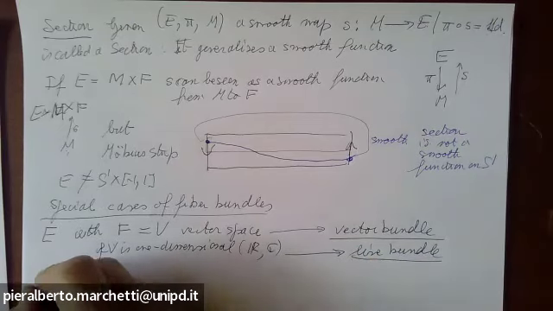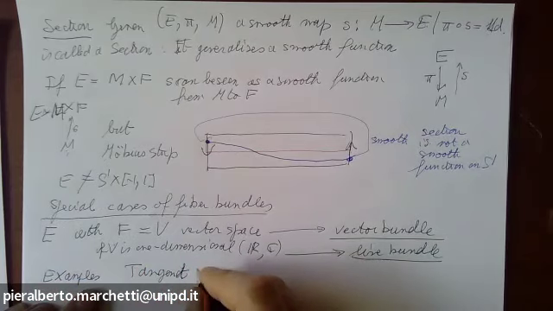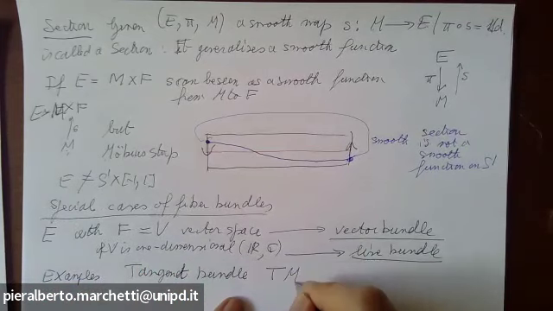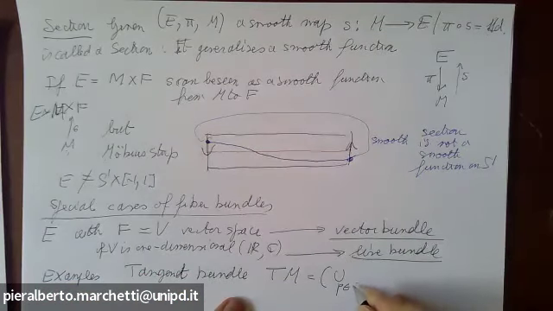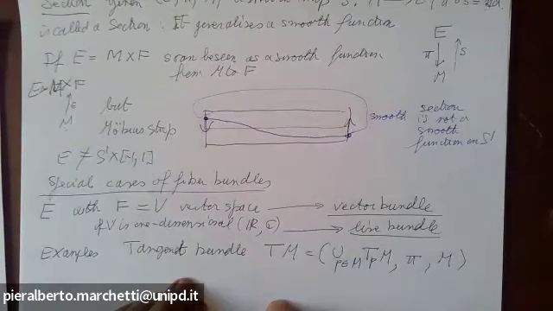Let me give an example: the tangent bundle that you already mentioned. So you have your manifold M, and you consider the tangent bundle of M, which is given by the union for P in M of the tangent space at P, with the projection onto M, as we have done on the two-dimensional sphere.